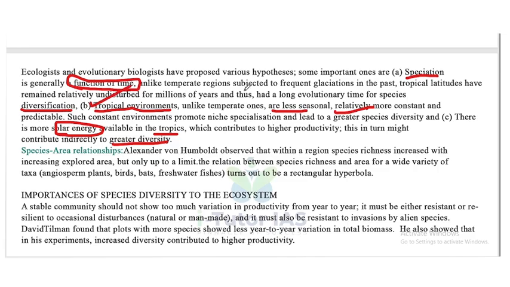The second point is that tropical environments, unlike the temperate ones, are less seasonal, so they are more predictable. This gives the species more time to develop and to evolve. And the third one is solar energy. The greater the solar energy, the higher the productivity, and this in turn contributes to greater species diversity.